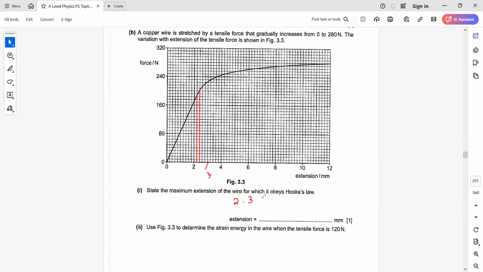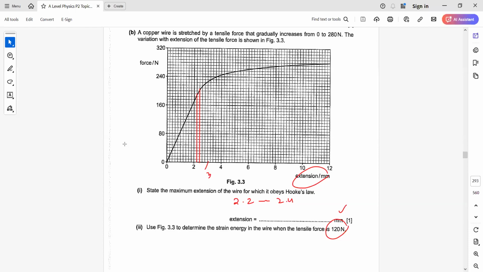Any answer, 2.2, 2.4, I think should work. 2.2 is what I would suggest because it looks like a curve here. So 2.2, 2.3, 2.4, whatever you want to say, that would be acceptable directly in millimeters. So yeah, millimeters.